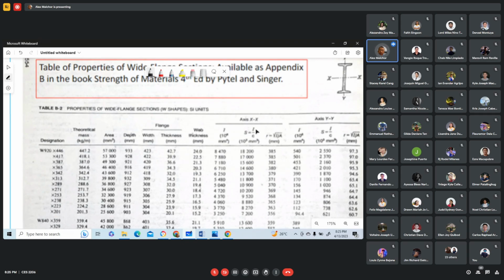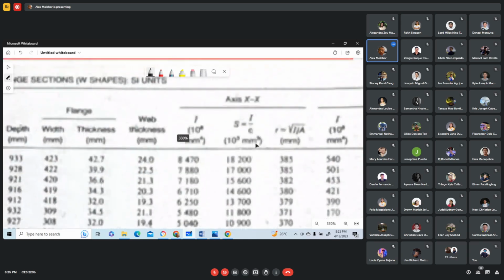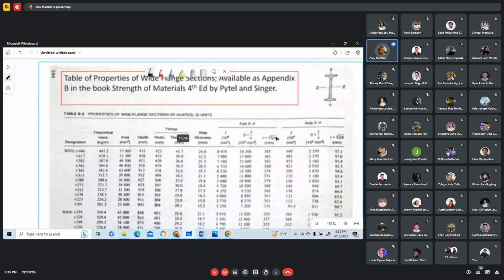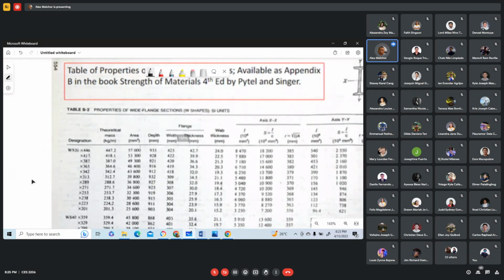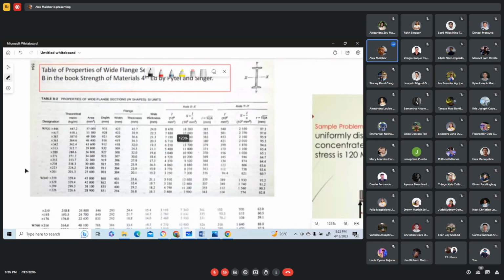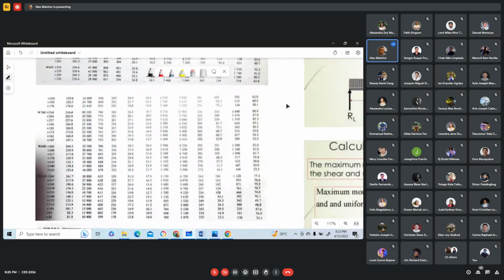And this is the section modulus, I over c. This is 10 to the power 3 millimeters cubed. This is the radius of gyration, and this one here is the moment of inertia with respect to the y-axis. So these are the lists of the properties of wide flange sections.